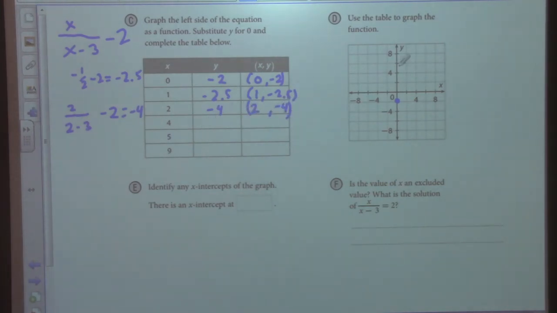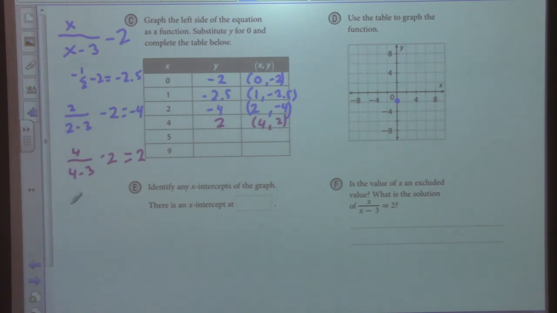So I'm going to go ahead and switch the colors now to red. And 4, if we plug in 4, that's purple actually, 4 over 4 minus 3 minus 2. So that's going to be 4 minus 2 equals 2. So here we get 4, 2.